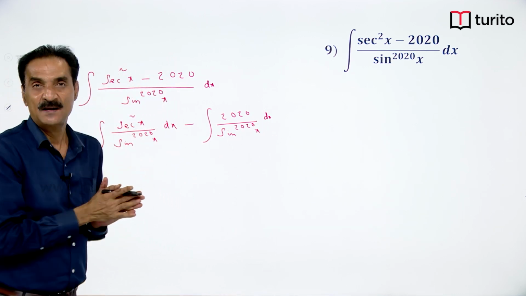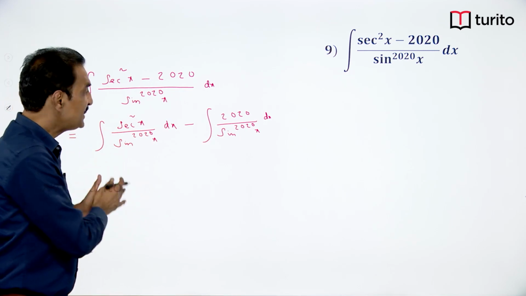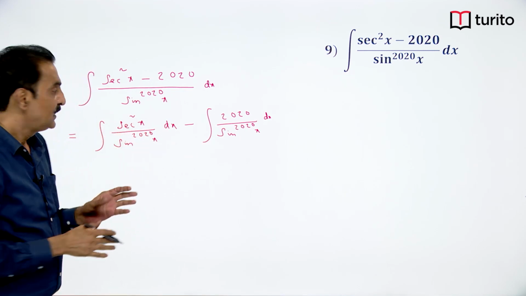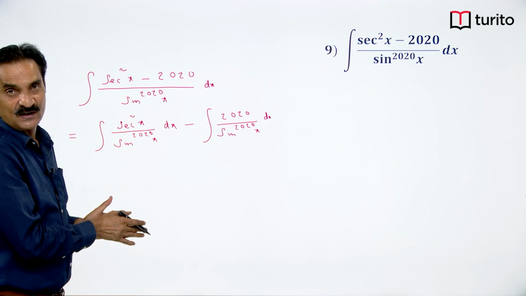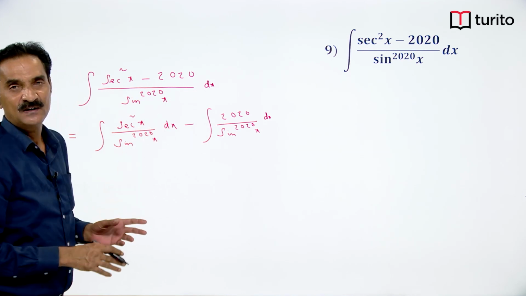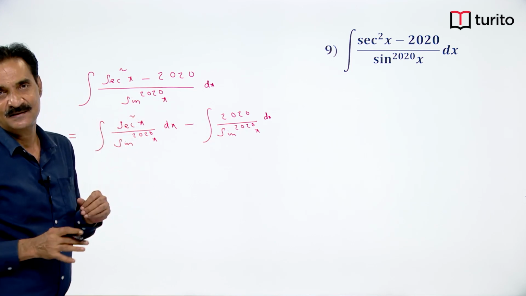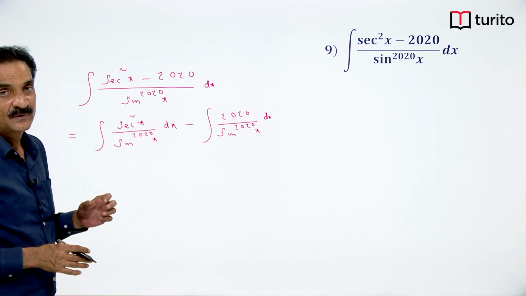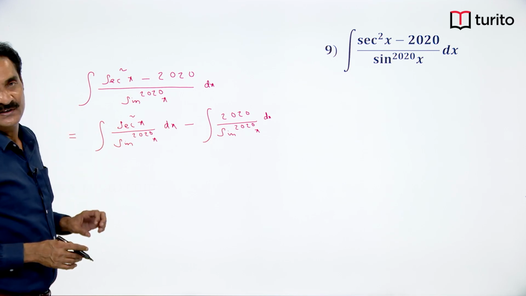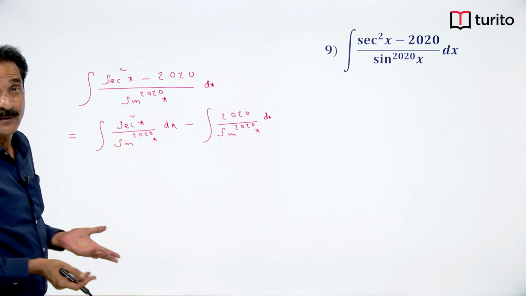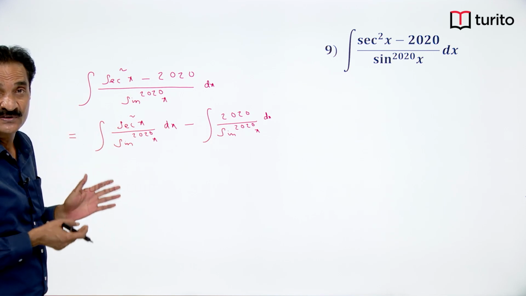Whenever there are two terms, no need to calculate both. You calculate the first one or sometimes the second one, and most of the times the second integral will be cancelled. Okay. Let us integrate this, but we are integrating by parts, though it is not a product of dissimilar functions.